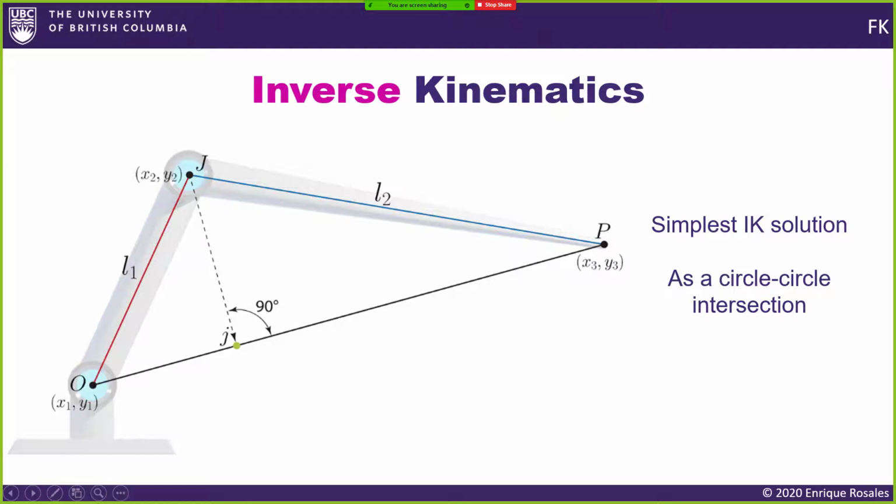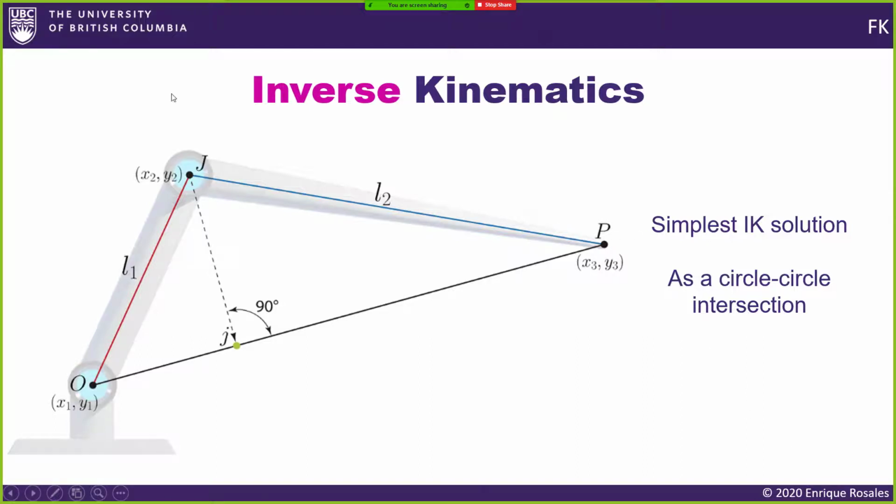And again, I'm showing you just one possible way to do this. As I said, we are studying the inverse kinematic problem, and the simplest way to study it is as the intersection between two circles.